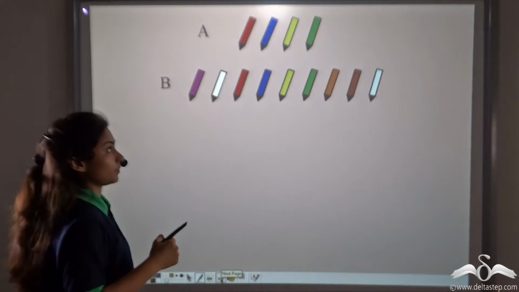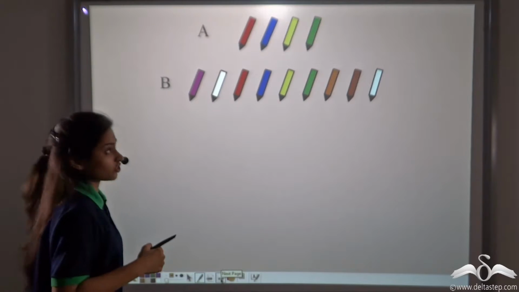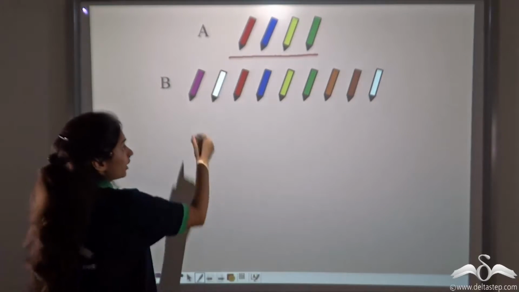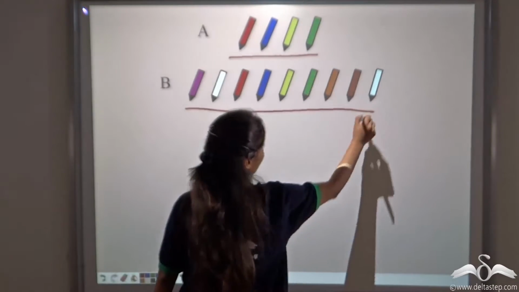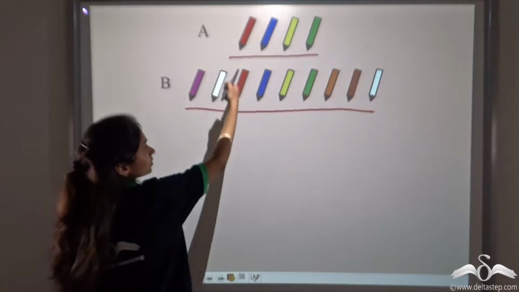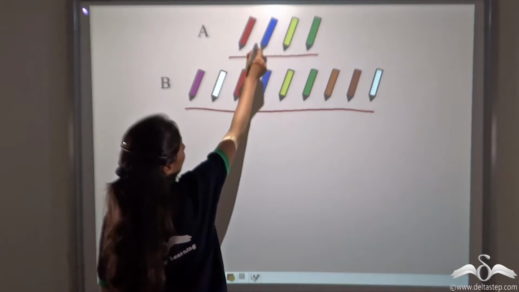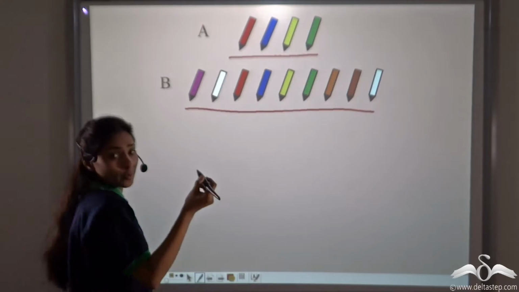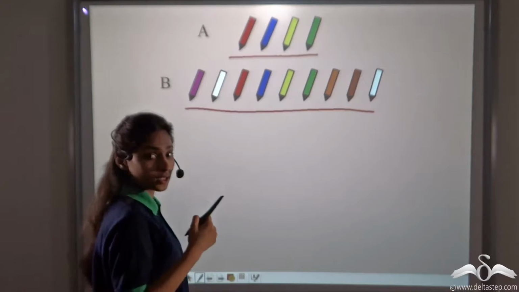Let's take another example. Say on the day of the competition, you brought these pens and your friend brought so many colors of pens. He also brought the colors which you have brought. See, red, blue, yellow and green, he has brought these colors. So now you want to make a new set to see how many colors you have.